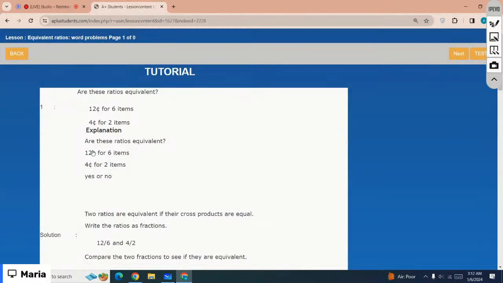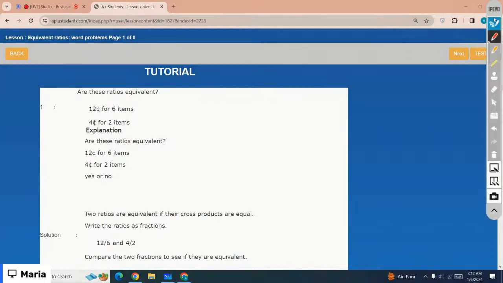Are these ratios equivalent? 12 cents for 6 items and 4 cents for 2 items, right? So just write them down by making a proportion. 12 for 6 items, that is 12 over 6, and that is 4 over 2, right? Basically, you have to compare two fractions.